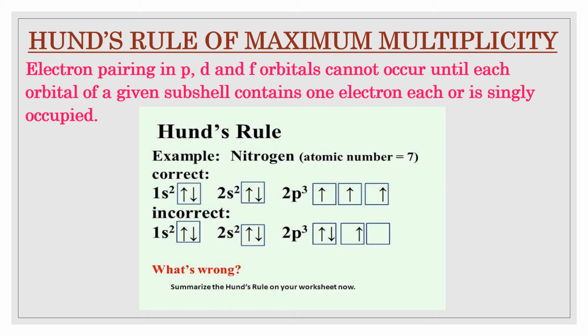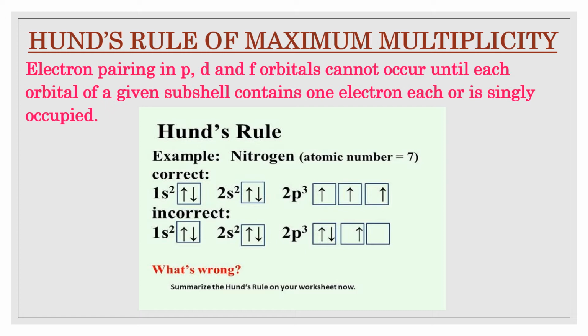Similarly in the 2s orbital as well, 2 electrons are there, one upward, one downward. Again in the 2p orbitals we know that it has 2px, 2py, 2pz. So we have already filled 4 electrons, and we are left with 3 more electrons. How are we able to fill them?